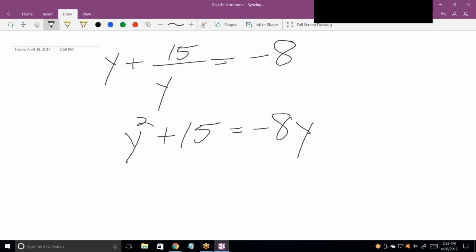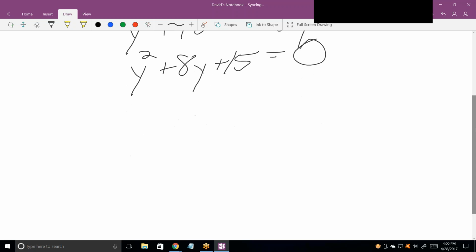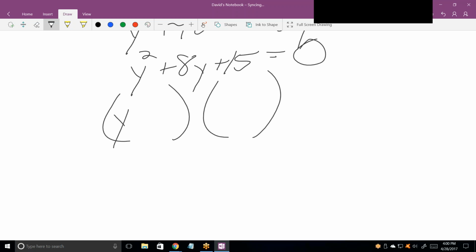So you're going to add 8y to both sides. Put it in the right place. Then you're going to factor. How does that factor? Y plus and y plus.